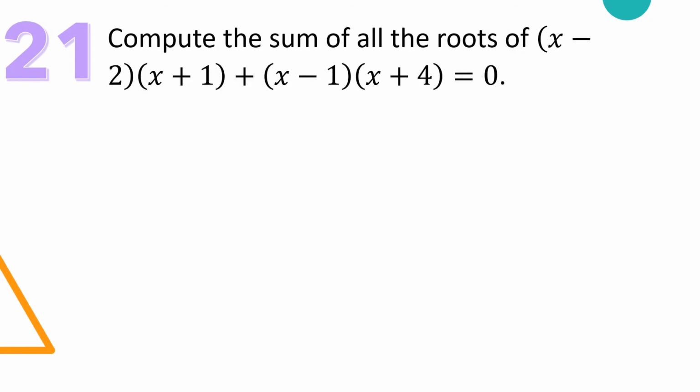Number 21. Compute the sum of all the roots of x minus 2 times x plus 1 plus x minus 1 times x plus 4 is equal to 0.